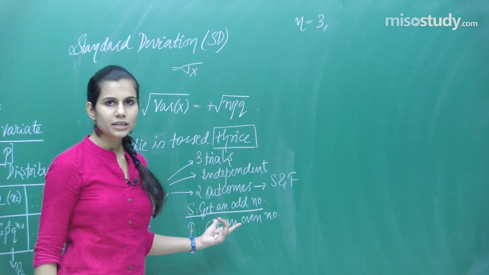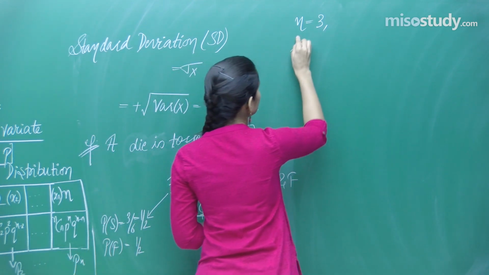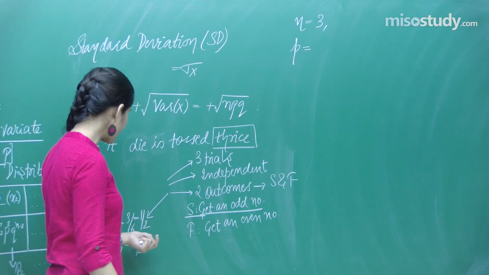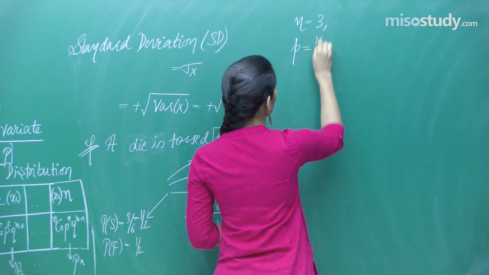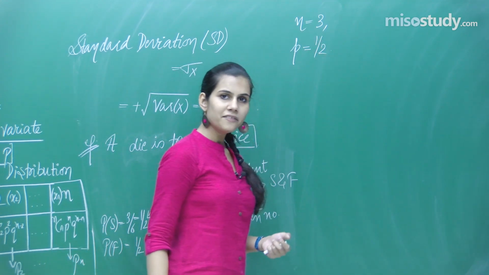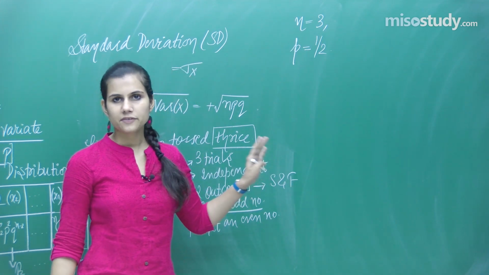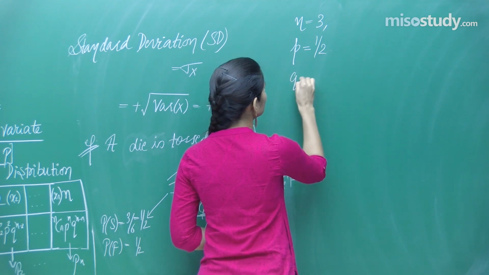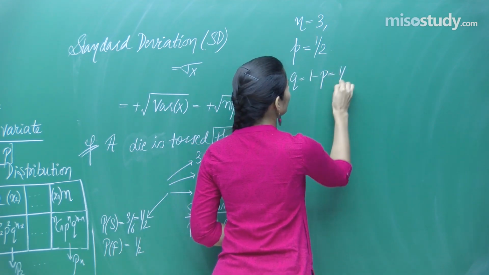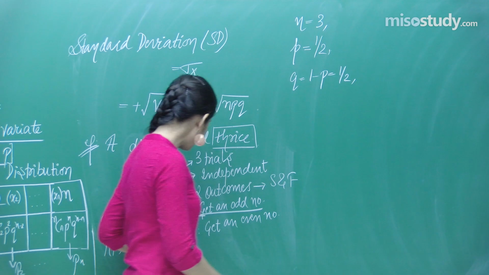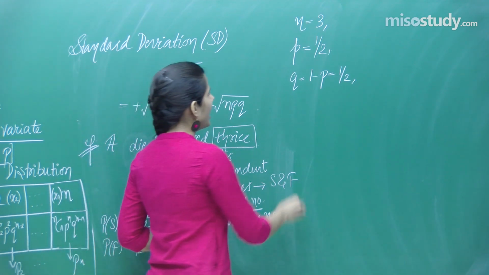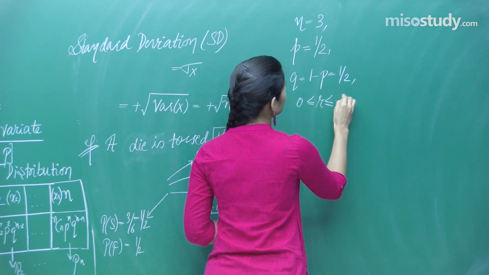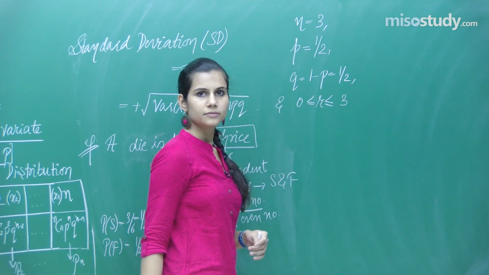And since getting an odd number is success, you can calculate small p, the probability of success in each trial, as 1 by 2. You have n and p, life is very good. I can have q also, which is 1 minus p, which is 1 by 2. And r can vary from 0, 1, 2 up till 3.